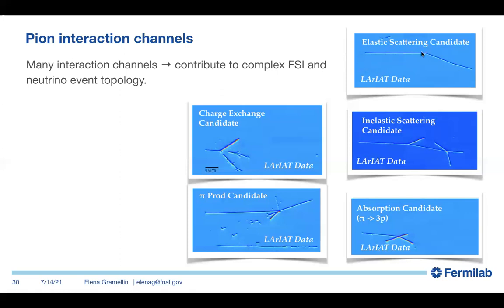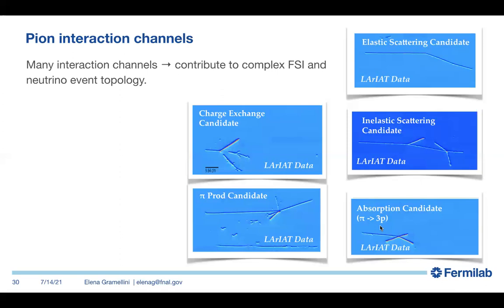Your pions enter from here, and then this is the interaction location. In this particular case, you have just a deflection, which is an elastic scattering. You can also have inelastic scattering, where your pion knocks off, for example, a proton, and then the pion keeps going.